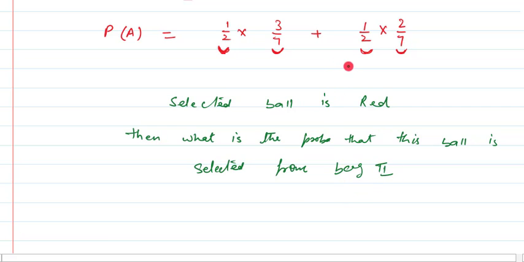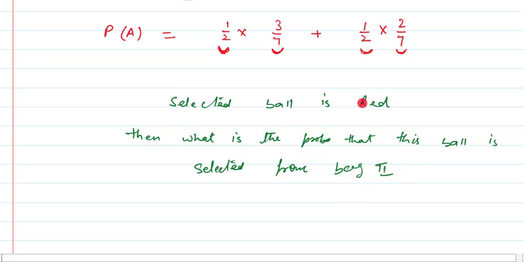So have you understood the situation? In the first situation, the first step was selecting the bag, and then we needed to find the probability of selecting a ball of any color from the selected bag. But in this case, the situation is reverse. It is given that a ball of a particular color is selected, and we need to find the probability that this colored ball is from a particular bag.